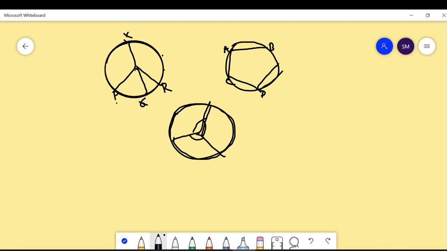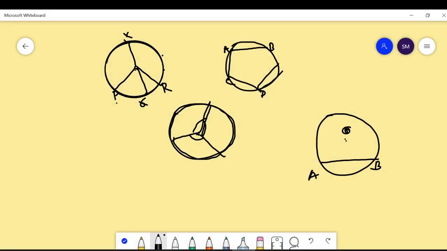What is the angle subtended by a chord at a point? Look here. Suppose this is a circle and AB is a chord. O is the center.